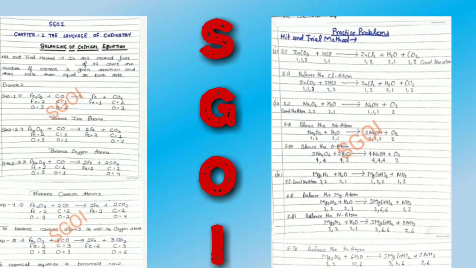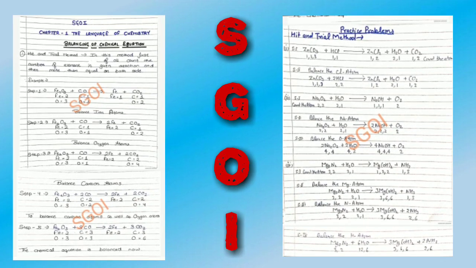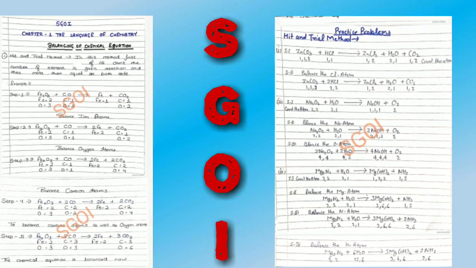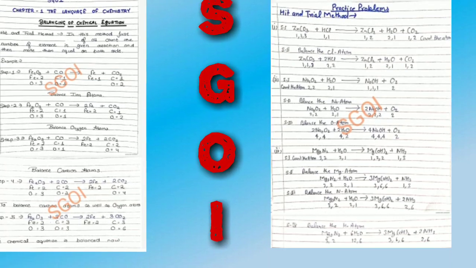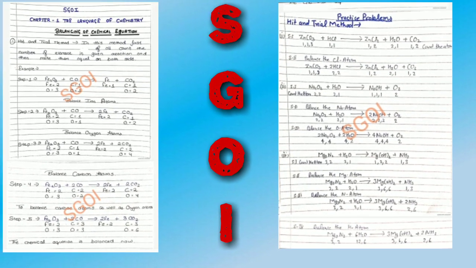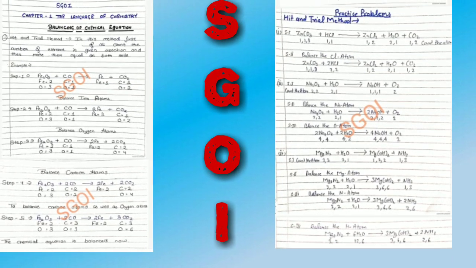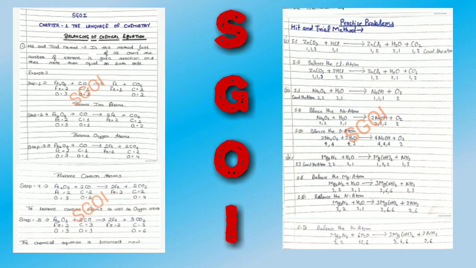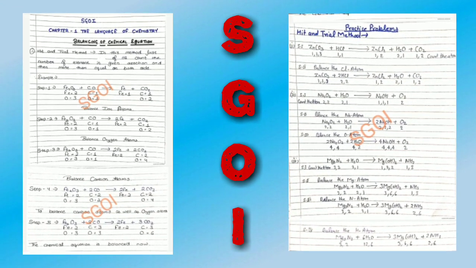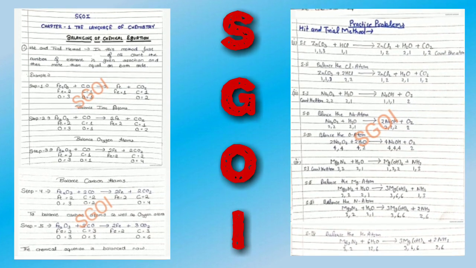And product side 1, 1, 1, that is sodium, oxygen and hydrogen, and 2 oxygen. First we balance the sodium atom in the second step. So multiply 2 on the product side in NaOH.